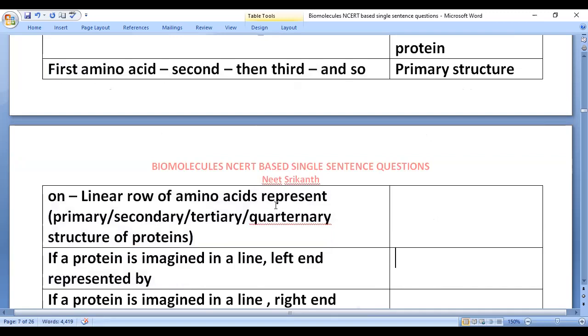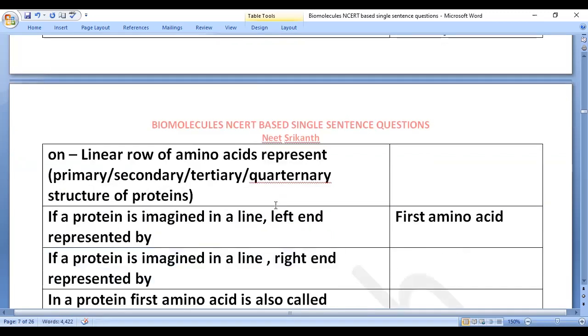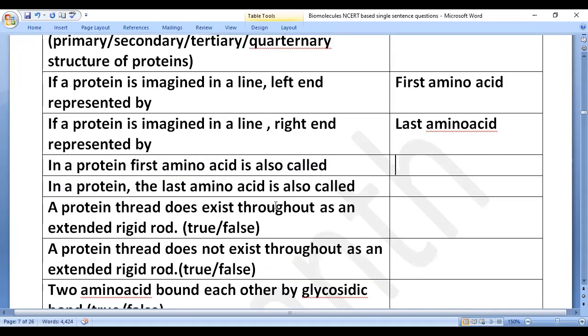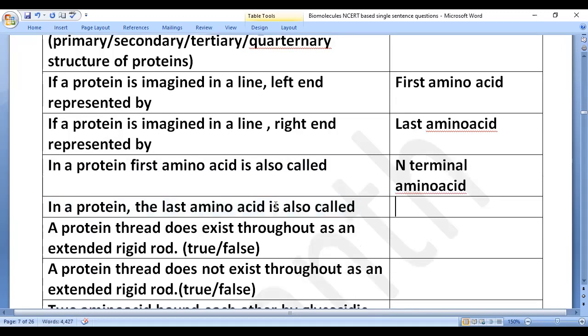If a protein is imagined in a line, the left end is the first amino acid, called the N-terminal amino acid. The right end is the last amino acid, called the C-terminal amino acid.